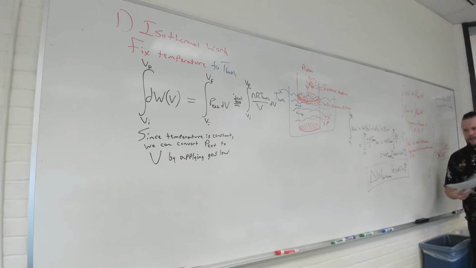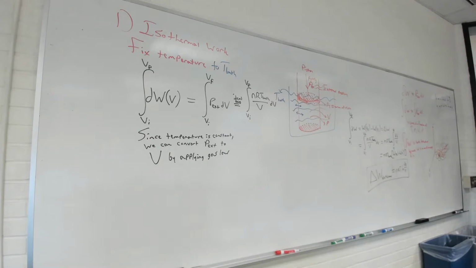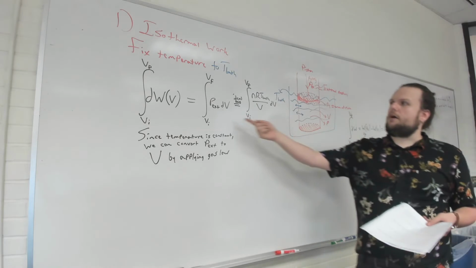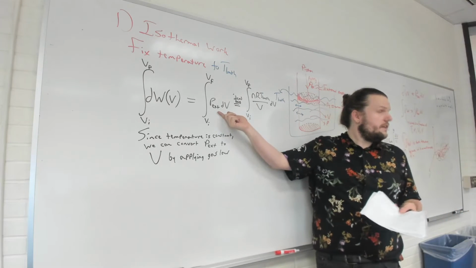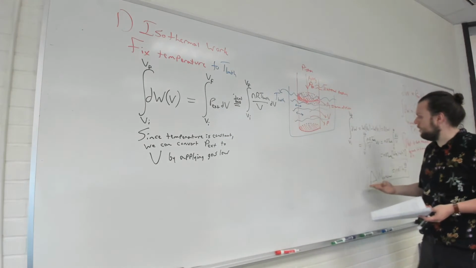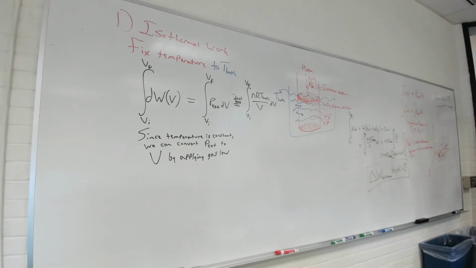Not surprisingly, there are some gases that are easier to compress than others, but we can't account for that with the ideal gas law. We would want to instead apply the van der Waals equation here. And then we would have an expression for the amount of work being done that's also a function of the gas's physical properties. Right, so this gives us a really, really nice formula.